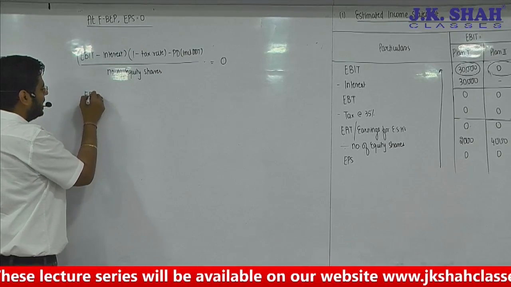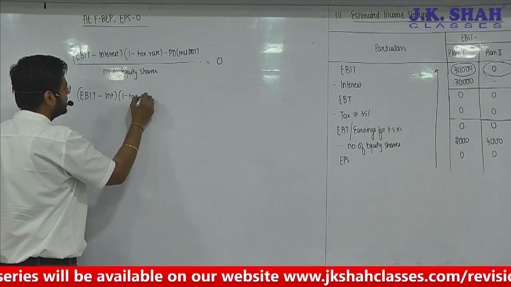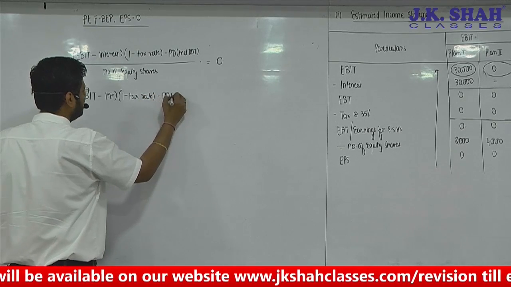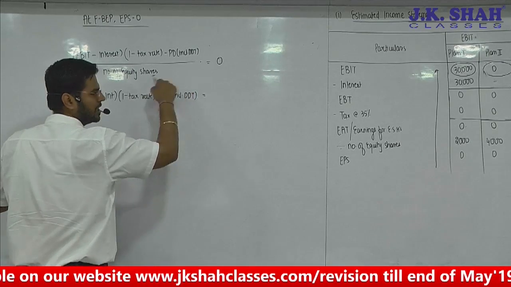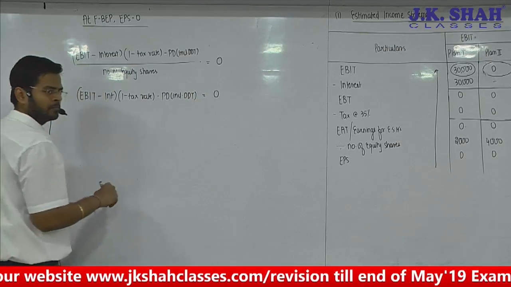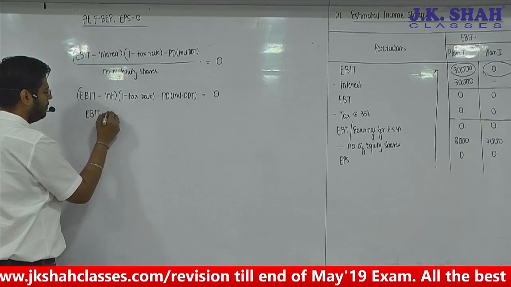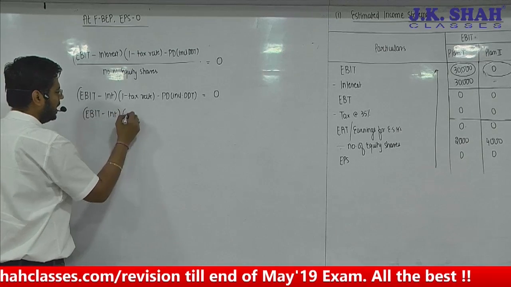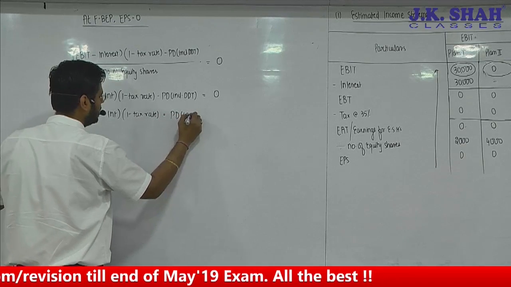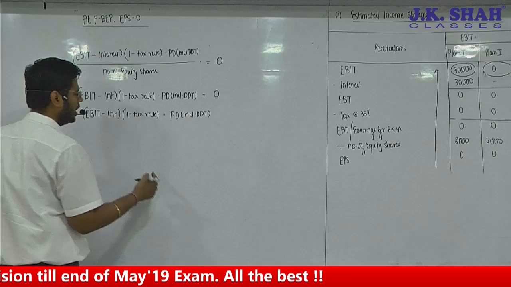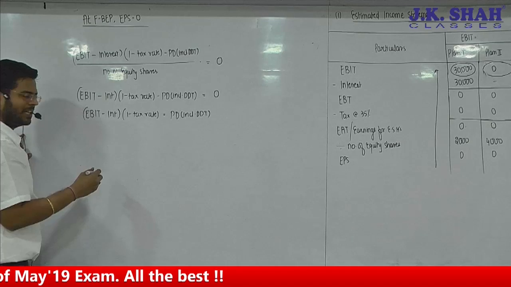So this is EBIT minus interest into 1 minus tax rate minus the preference dividend including DDT is, when I multiply the number of equity shares with 0, my answer will be 0. Okay, now I'll take preference dividend onto that side. So we say EBIT minus interest into 1 minus tax rate equals preference dividend including DDT. Now this 1 minus tax rate is being multiplied here. So if you take it on the right hand side, you will divide it.